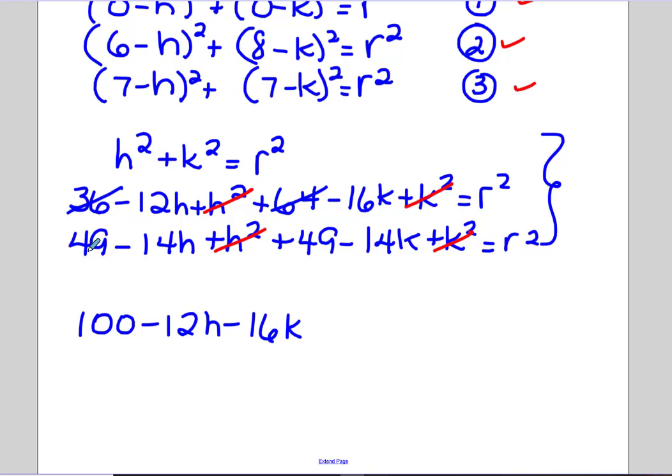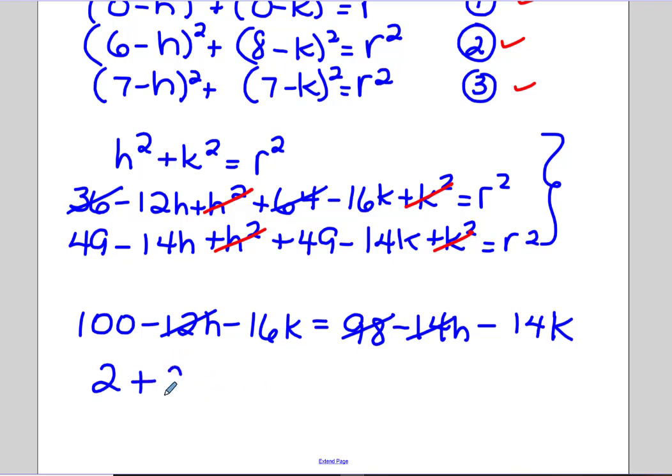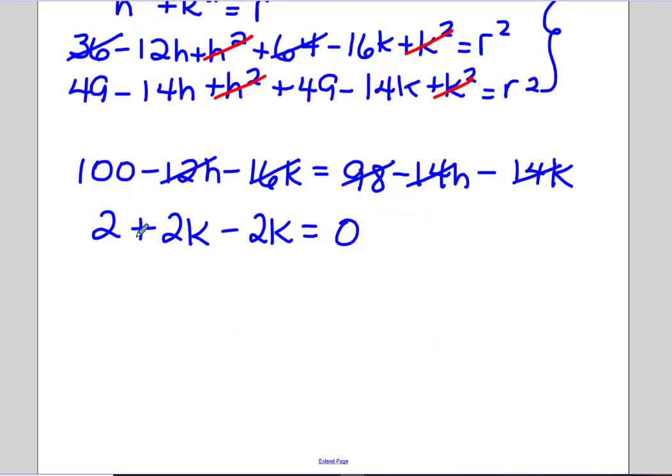And then in equation 3, we have 49 and 49, so that looks like 98 minus 14h minus 14k. Simplifying that, 98 from 100 is 2, and 12h plus 14h, so that's plus 2h, and negative 16 plus 14 is negative 2k.